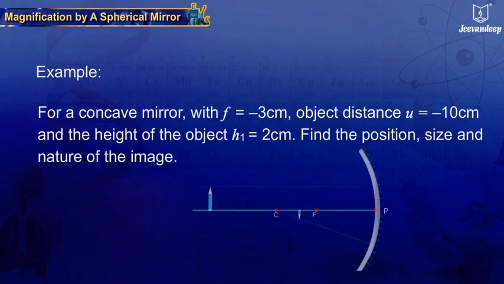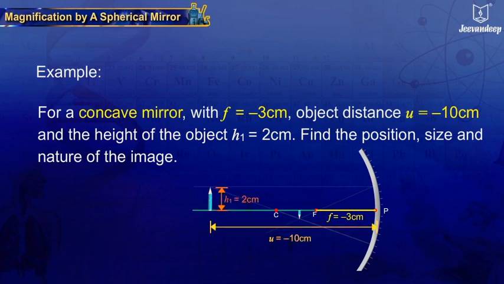Example: for a concave mirror with f = -3 centimeters, object distance u = -10 centimeters, and the height of the object h1 equal to 2 centimeters, find the position, size, and nature of the image.